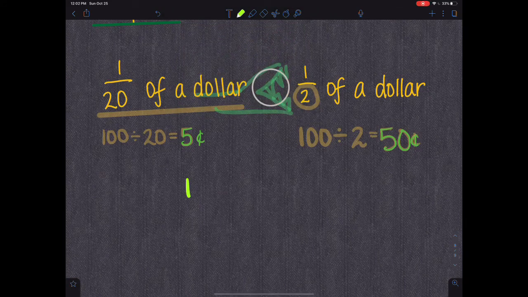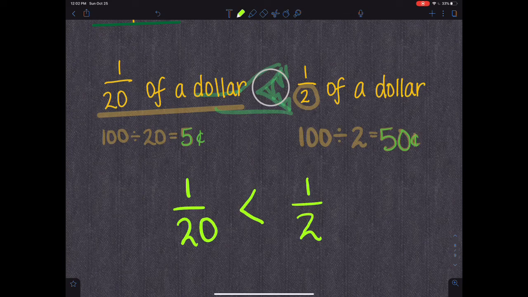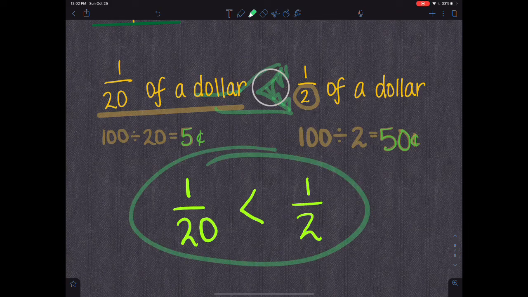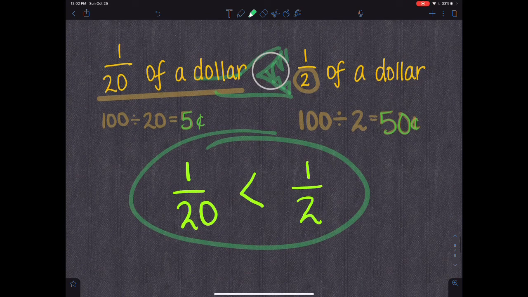What that means is that 1/20th is less than 1/2. 1/20th of a dollar is less than 1/2 of a dollar. That's a very difficult concept that you're learning there, Danny. But you're a smarty pants, and I think you can learn that.